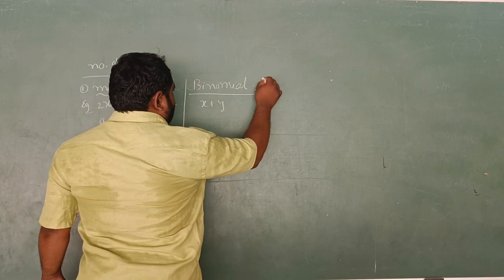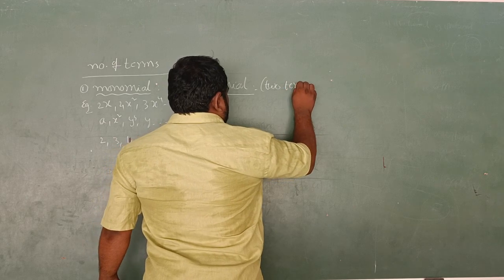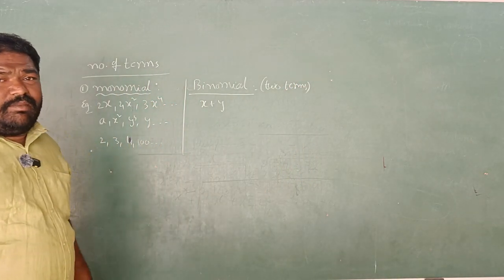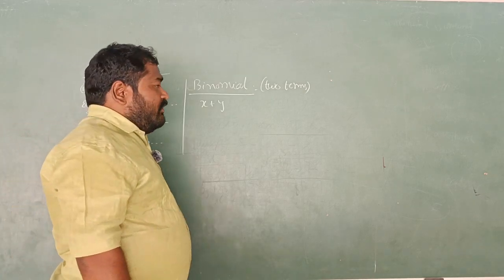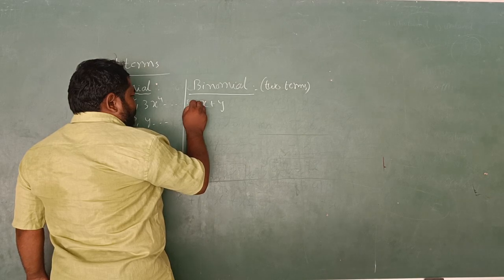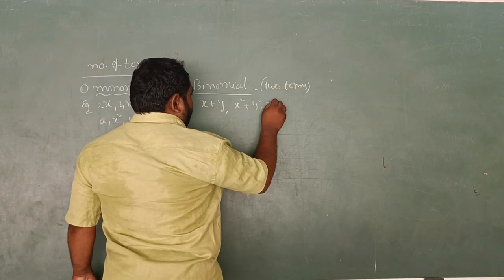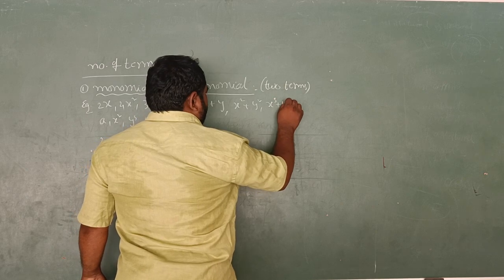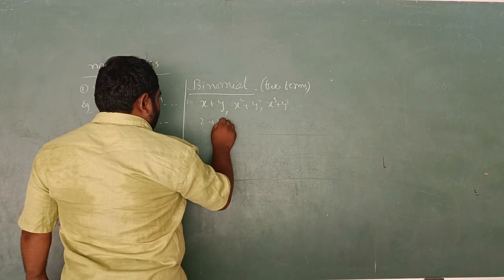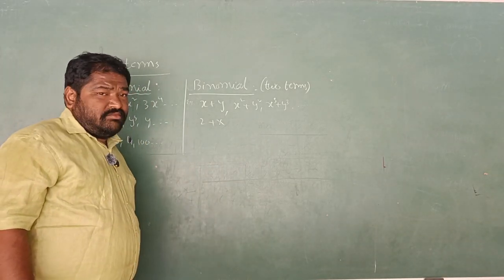For example, x plus y; binomial means combination of two terms. For example, x plus y, or x square plus y square, or x cube plus y cube, and so on, or 2 plus x. This is the combination of two terms.